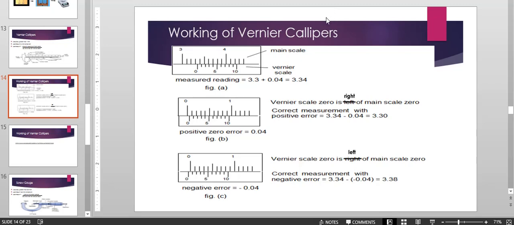Suppose we want to find the diameter of an object, but before this, close the jaws of the vernier caliper.